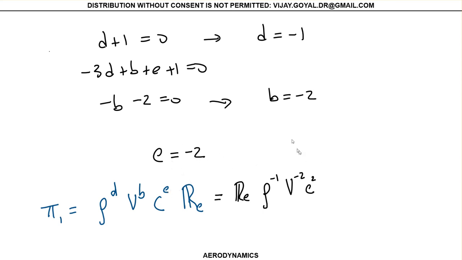Replacing all these quantities, I can also write this as Re times rho V squared times c squared. So this is the first pi, and this is a completely dimensionless parameter.